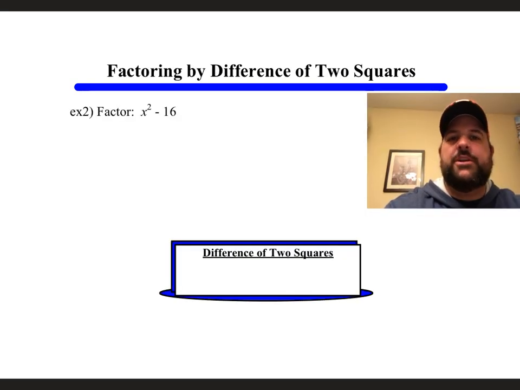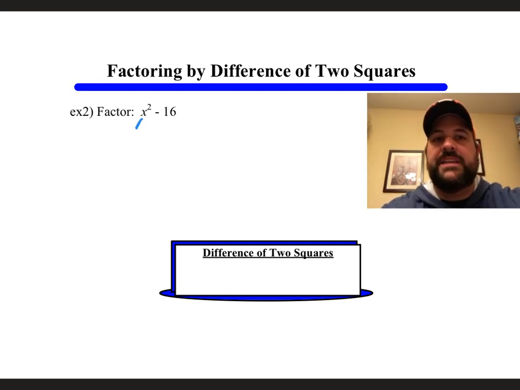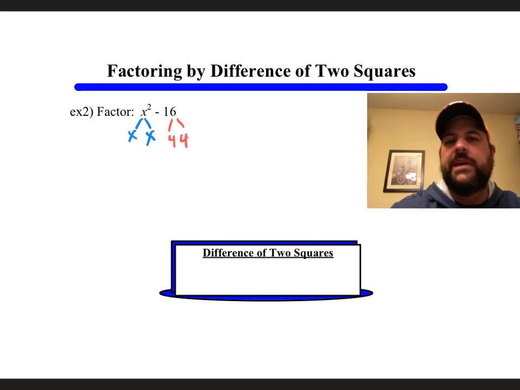So let's revisit our example here of x squared minus 16. We knew that there were no GCFs between those two things. Instead, what I can focus on is that x squared is a perfect square because it is x times x. And I know that 16 is a perfect square. 16 is 4 times 4. So the question is, what could I multiply by itself that would give me x squared minus 16?